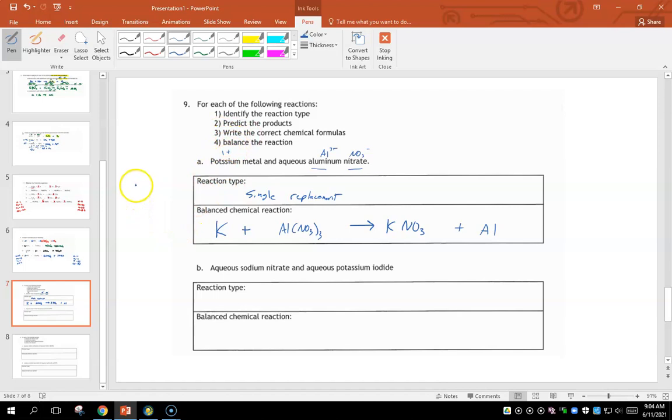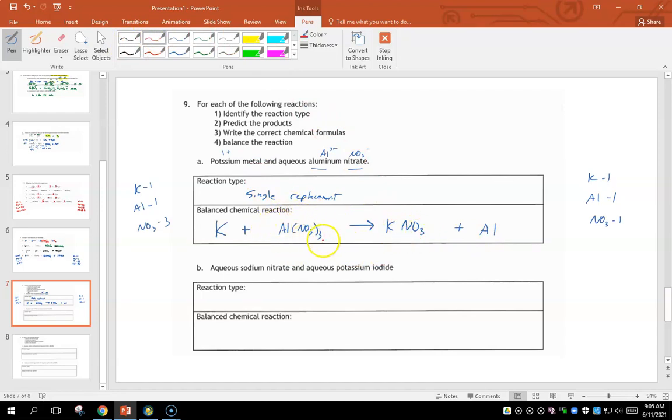So over here I've got 1 potassium, 1 aluminum, and 3 nitrates. On this side I've got 1 potassium, 1 aluminum, and 1 nitrate, which means I need to go back and balance this.